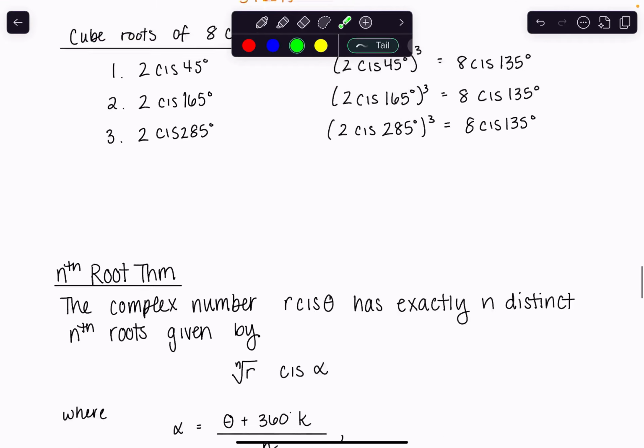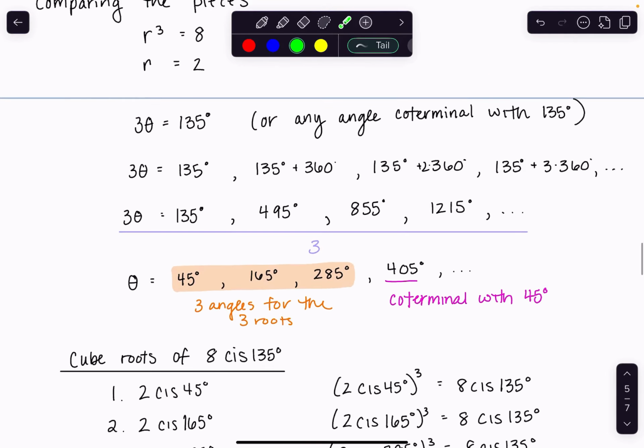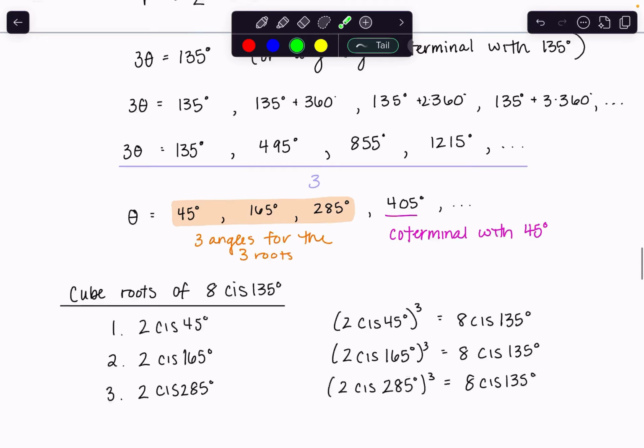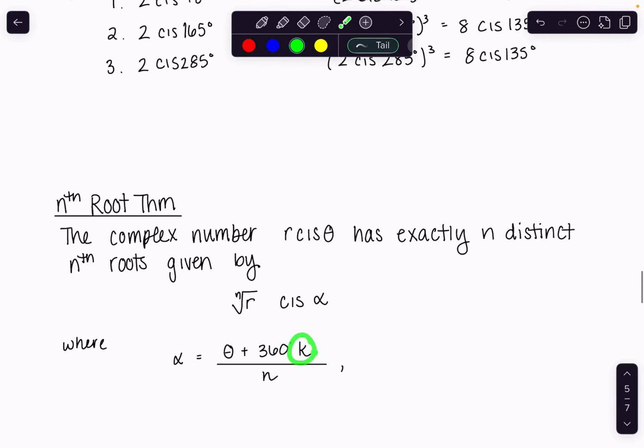And that's exactly what we did here. We took theta, we added 1 revolution, 2 revolutions, and then we divided by 3. So this value of k starts at 0, and you go up to 1 less than n.